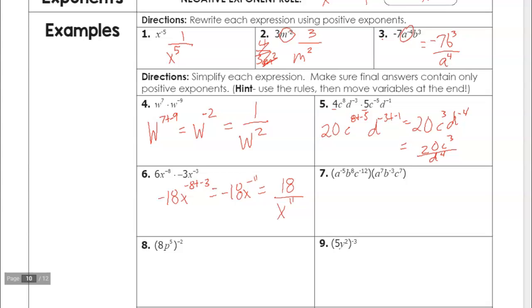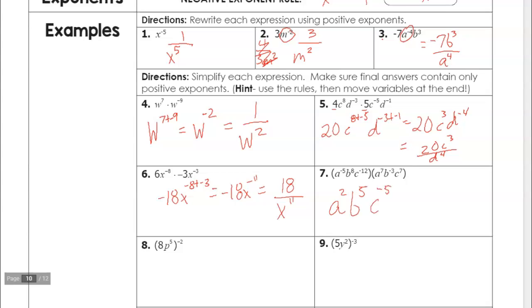Here they got these fancy parentheses, and since everything is multiplication, those parentheses really mean nothing. So if we tackle these one at a time, we have, and this is as much of a shortcut as I would let you do, -5 and 7, a squared. b 8, -3 becomes b to the 5th. c -12 and 7 becomes c to the -5th.